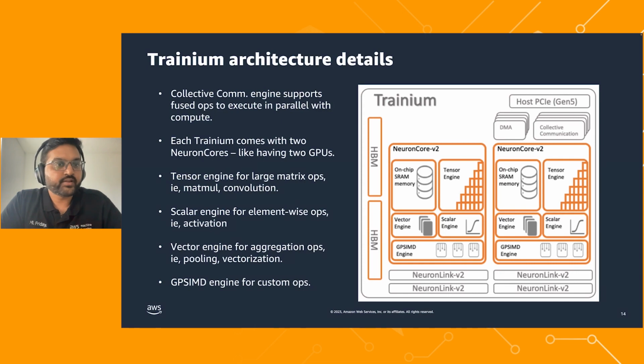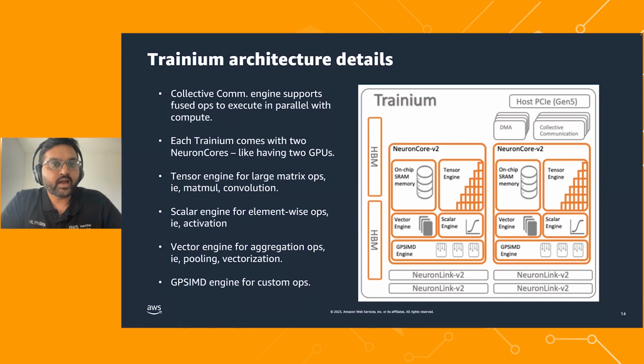There is also a separate scalar engine, which can be used for element-wise operations such as your activations. We also have a vector engine for aggregated operations such as pooling, vectorization, etc. It also comes with a GPSIMD engine, which can be used for custom operations. If you want to write your own custom operations, we support that as well.